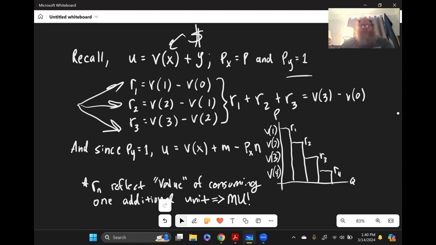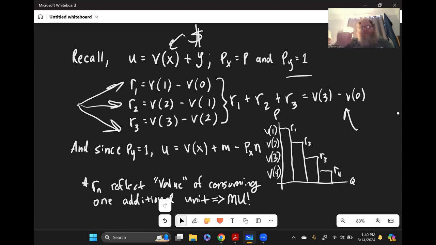And then we can think about it in a more aggregate sense, where the difference in value from, say, 0 units to 3 units of X would simply be all those reservation prices added up.